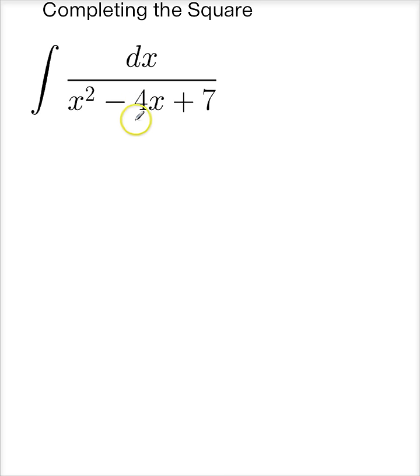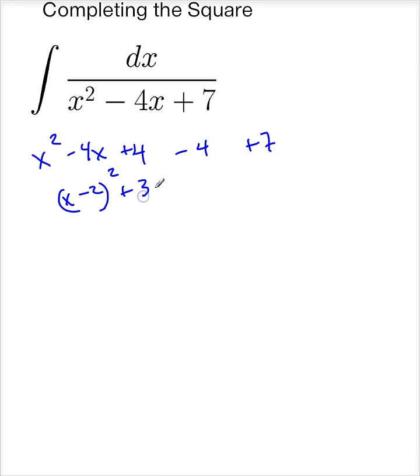This isn't in a nice form, so let me look at x squared minus 4x, and I'm going to put the plus 7 here. Now, if I add 4 here, I will get something that I can complete the square. But if I add 4, I have to subtract 4. So this becomes x minus 2 squared plus 3.